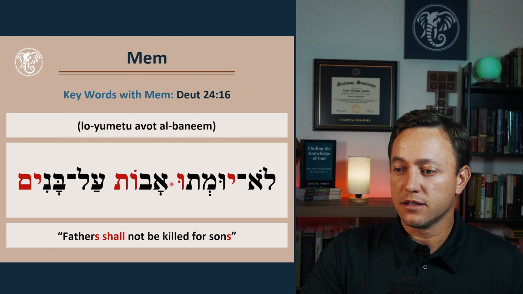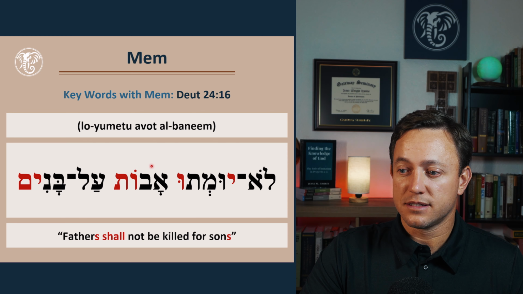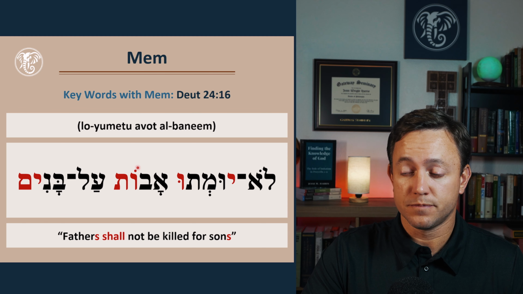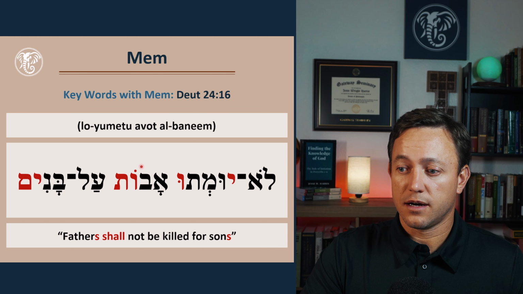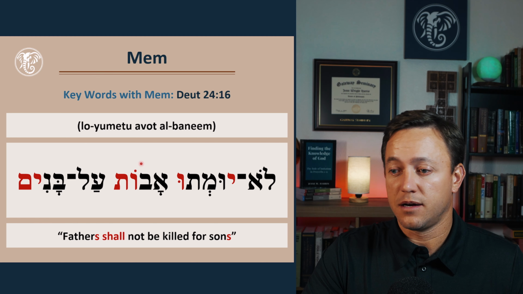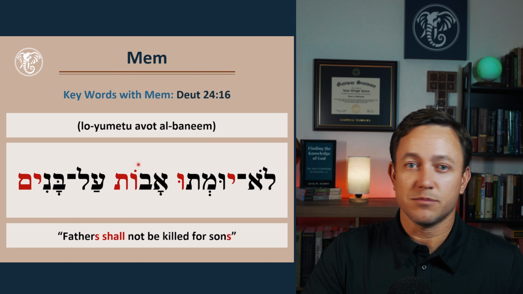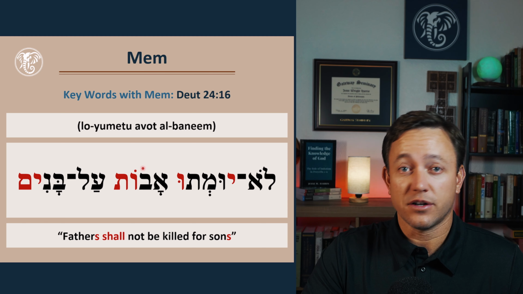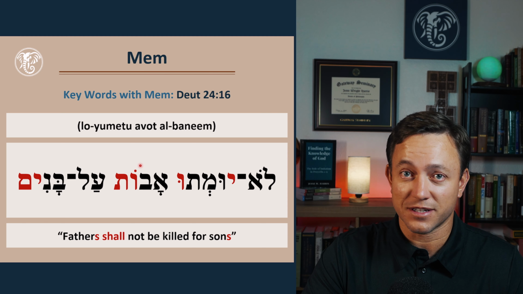But this is actually a little bit of an oddity because av is a masculine word, obviously father, but this ot is a plural ending normally used for feminine words. So it's a bit of an exception, and sometimes this is what really trips people up as they're getting started, because how could you possibly know this until you know this?